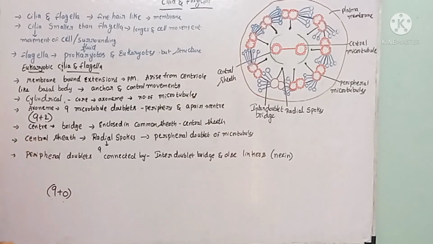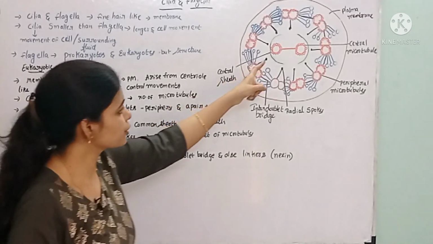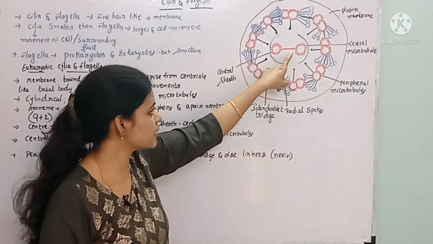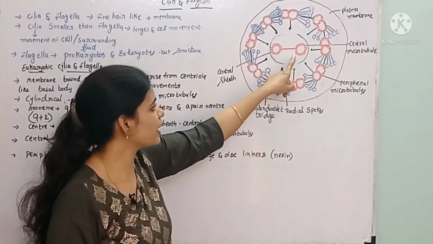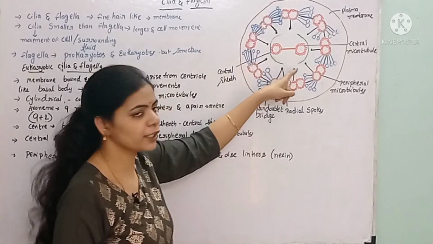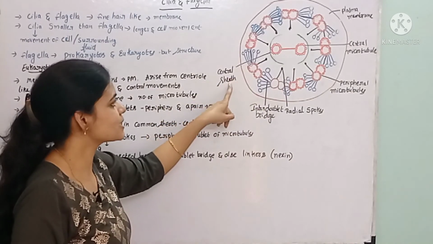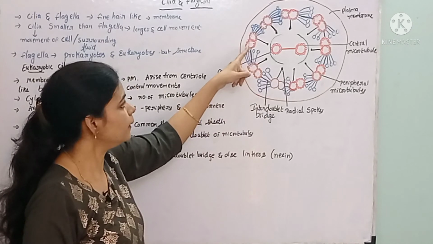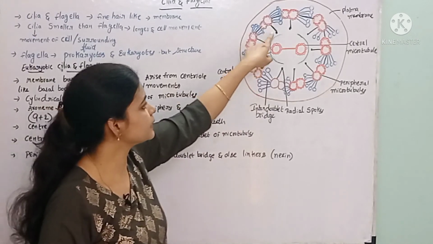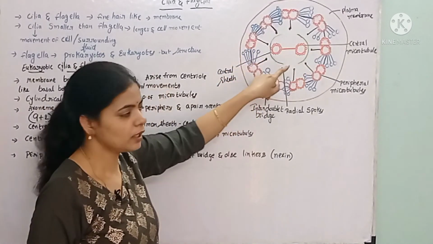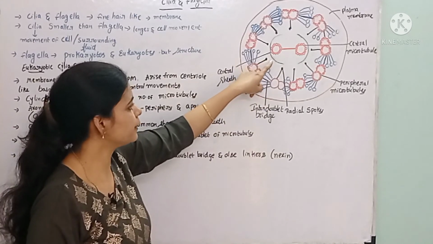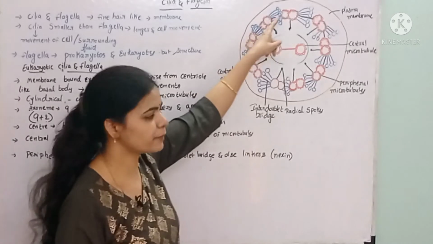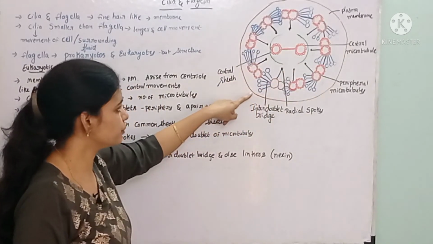In the center, these microtubules are connected by means of a bridge. There is a bridge present, and these two microtubules are covered by a common sheath called the central sheath. This central sheath is connected to the doublets by means of 9 radial spokes. 9 radial spokes are generated from the central sheath, which connect the 9 peripheral doublets of microtubules.